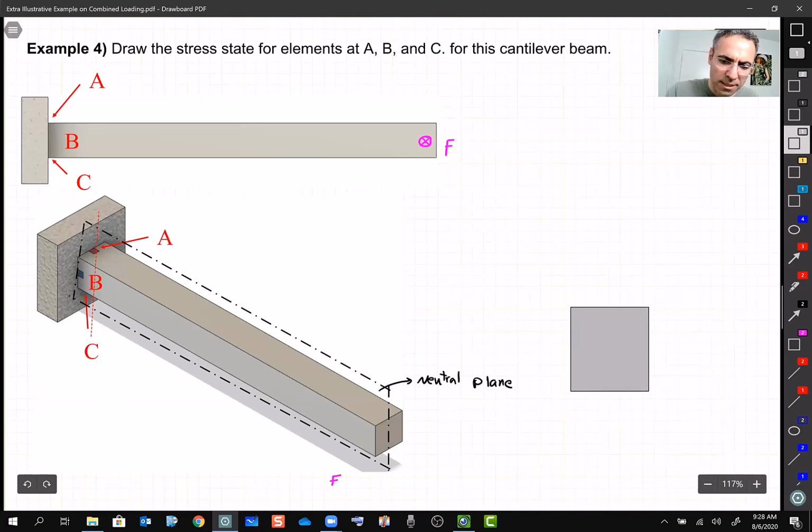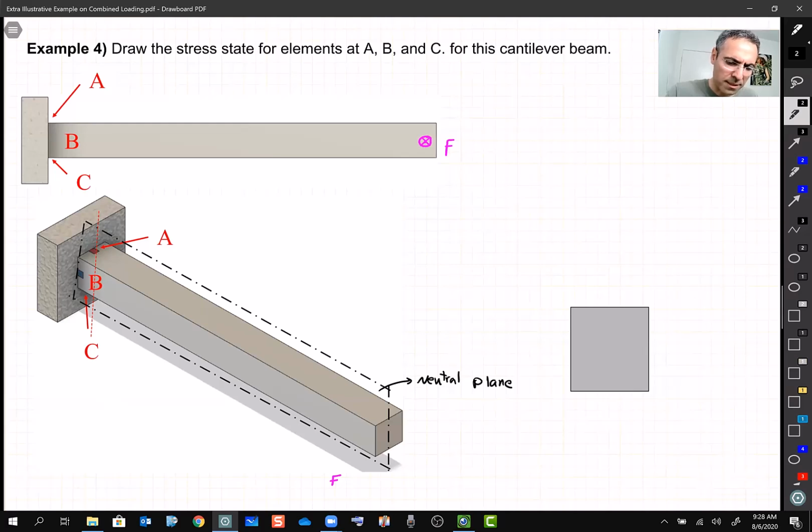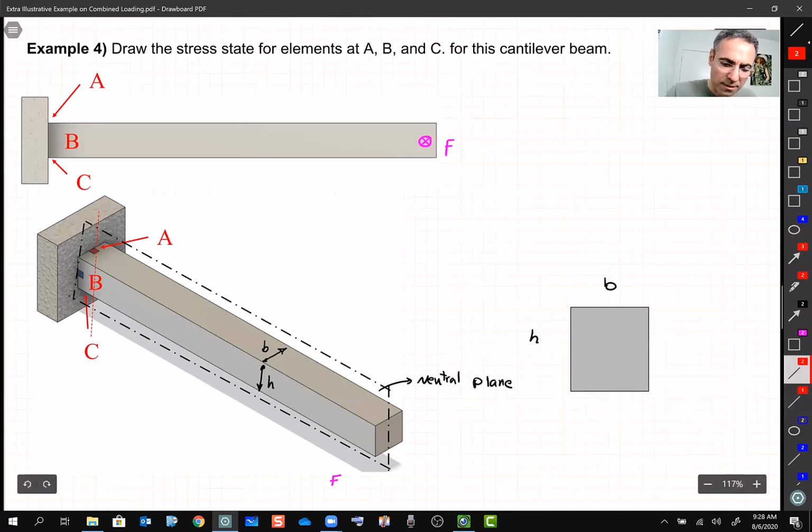This is our cross section, and this is B, this is H. Remember, this was B, and this distance here was H. But be very careful, because now our neutral axis is this guy.